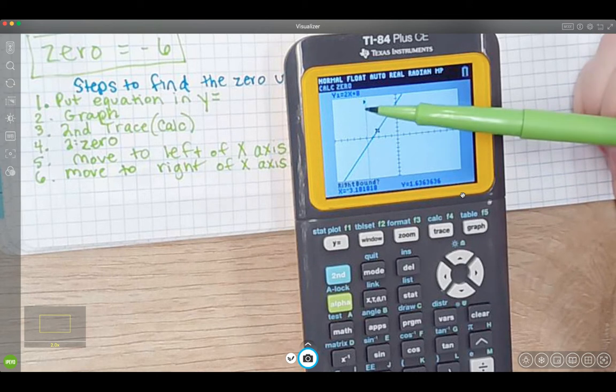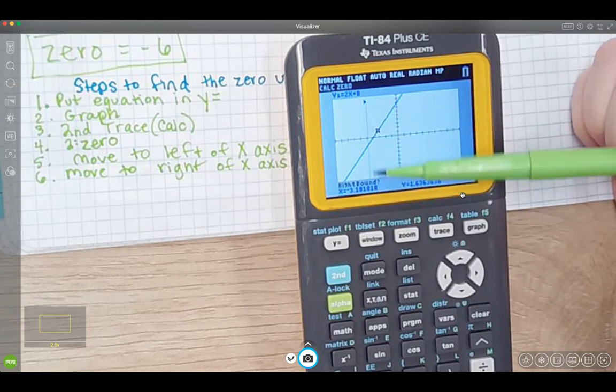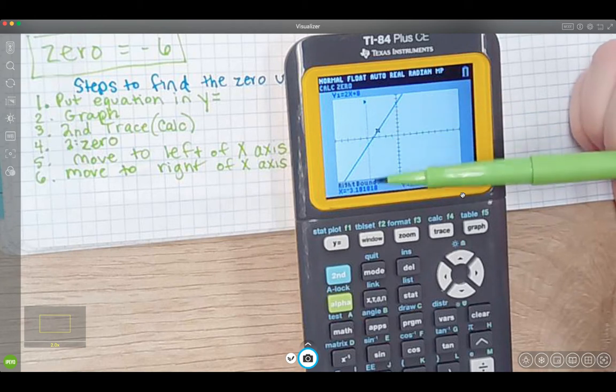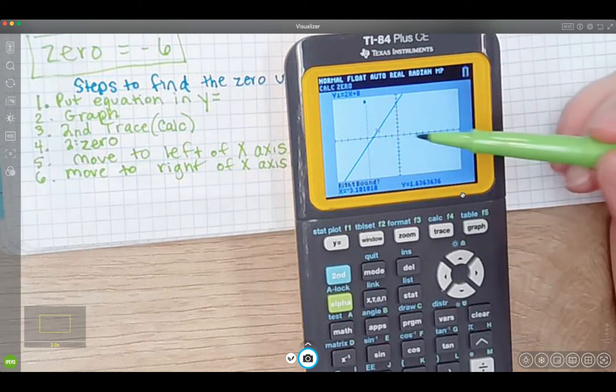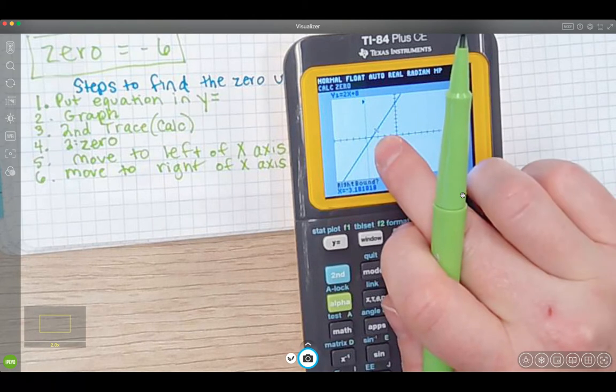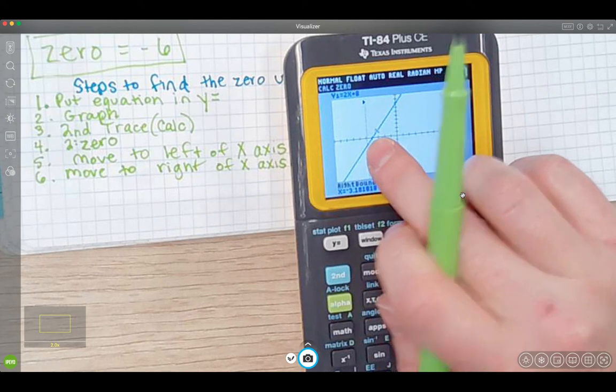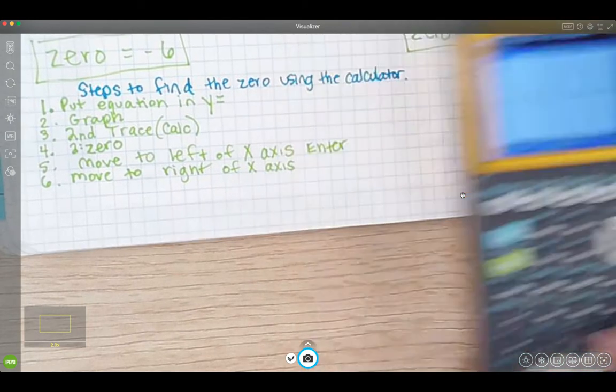So see how it does like a little line? Just a really light line right there. Okay, right bound, so we move to the right side of the x-axis. Because what we're wanting to do is get close to that without going over. Okay, then we're going to push enter.